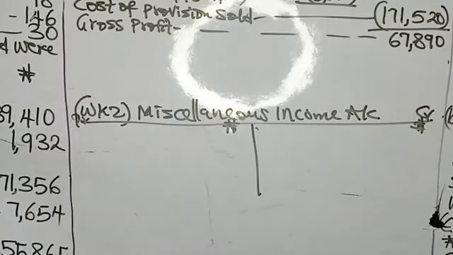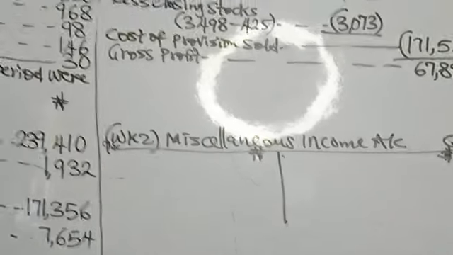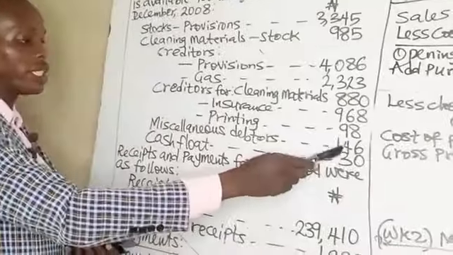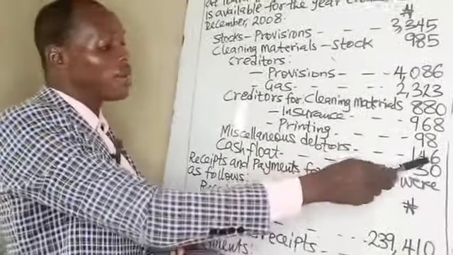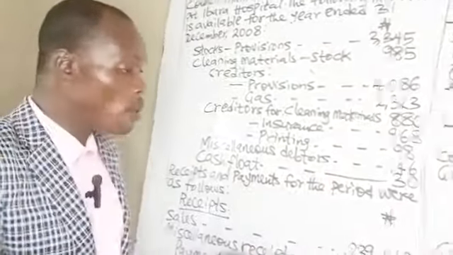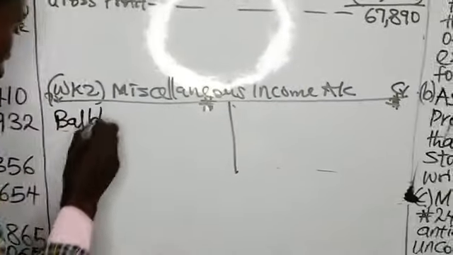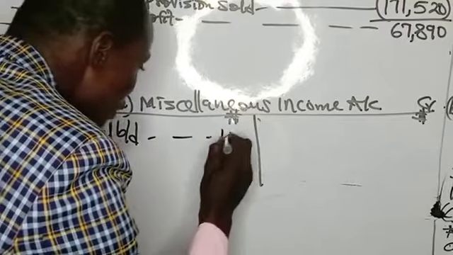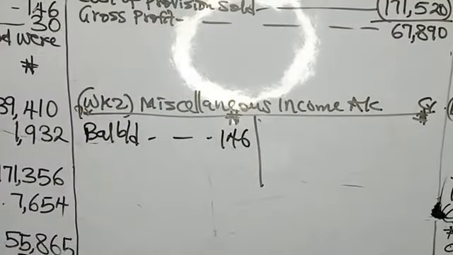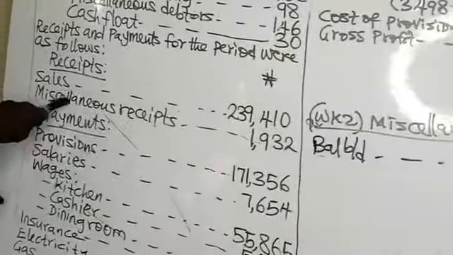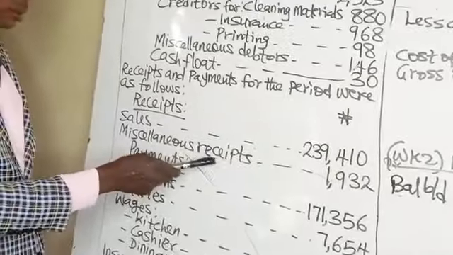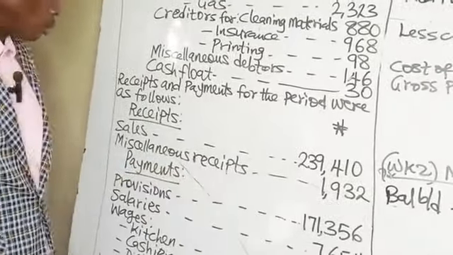In the opening entry, you have miscellaneous debtors, 146. A debtor must have a debit balance, so that is why we'll be bringing down that balance to the debit side. Balance brought down, 146. Then, in our receipts and payment account, we have 1,932 under the receipt.